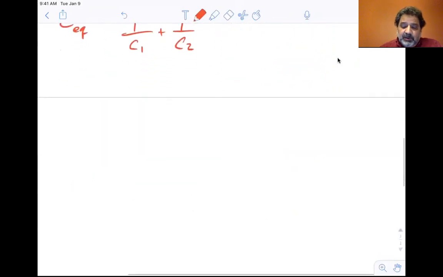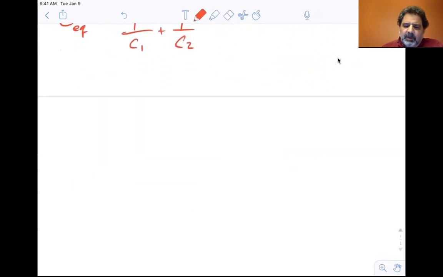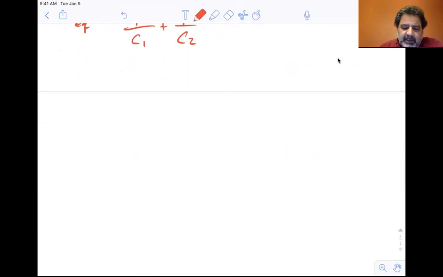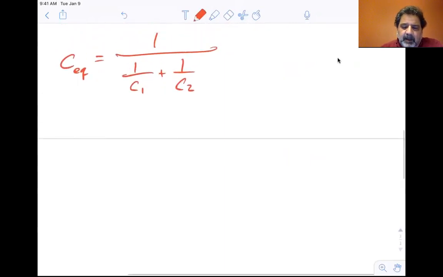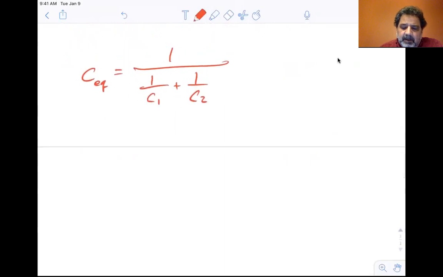Now, let me show you a shortcut. I know we're running long on this particular video, but let's not assume that the C1 and C2 are equivalent.